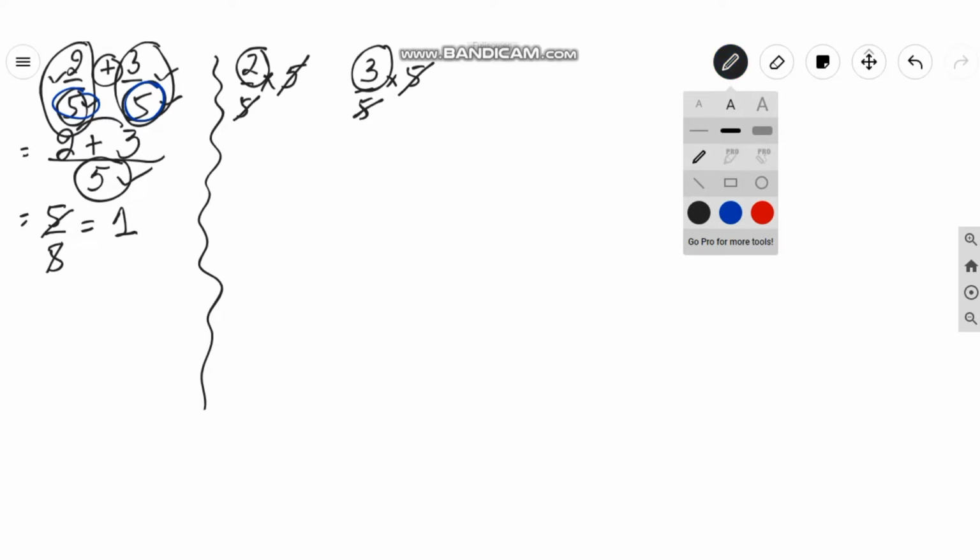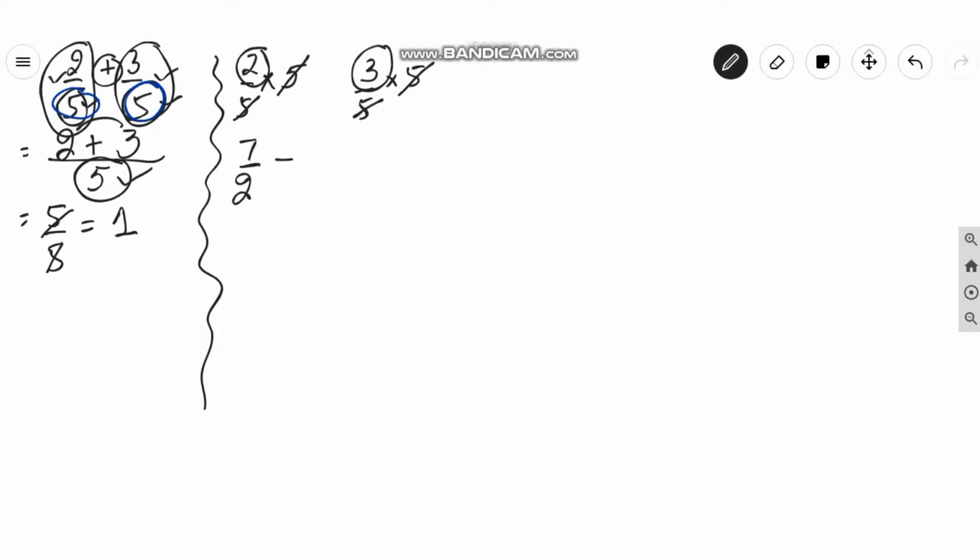This time we have two rationals, for example 7 by 2 minus 3 by 2. Again notice the number in the denominator of these two fractions is the same, so write 2 here.